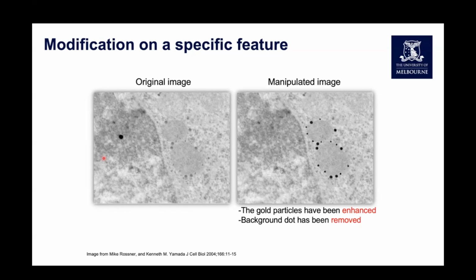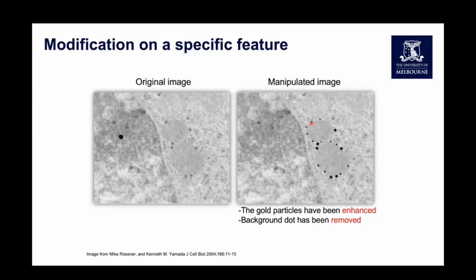Over the next few slides, we'll have an original image on the left-hand side and then a manipulated image on the right-hand side. In this example, this is an electron microscope image where they have immunolabeled a certain structure. Normally the way you detect this in an electron microscope is a nanogold, which is attached to one of your antibodies, which is highly absorbent, absorbs the electron beam, and should be fairly visible.